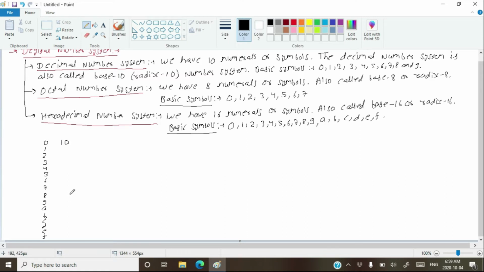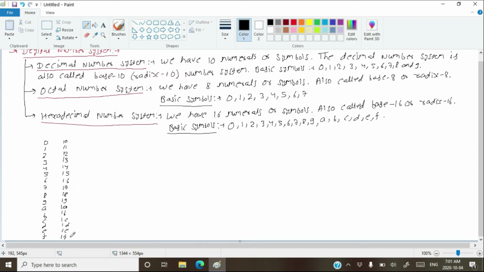Okay? You can start from 10 and then you can write 11, 12, 13, 14, 15, 16, 17, 18, 19. Now the question is, what will come after 19? Of course, you are not done with all the countings starting with 1. That's why you have to continue like 1A, 1B, 1C, 1D, 1E, 1F.